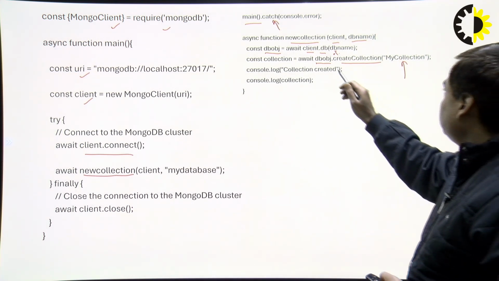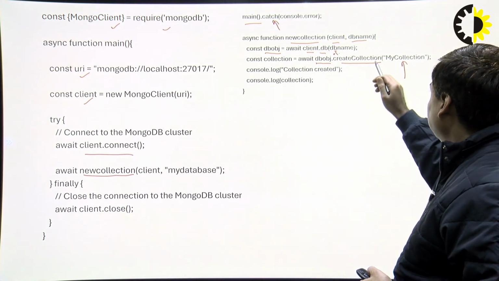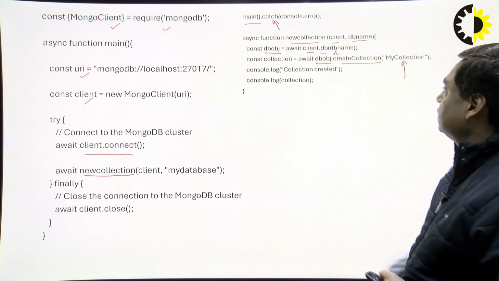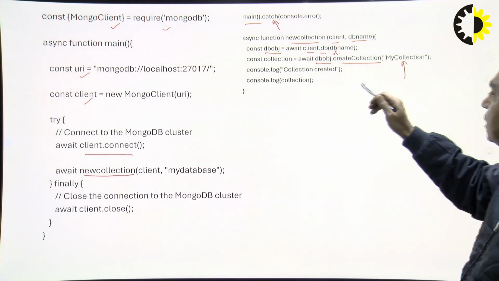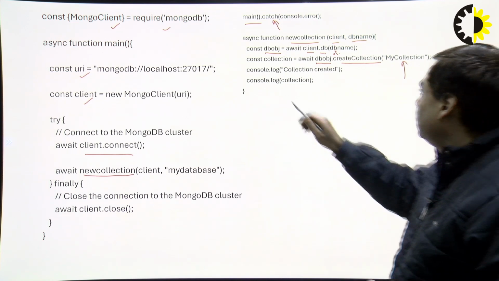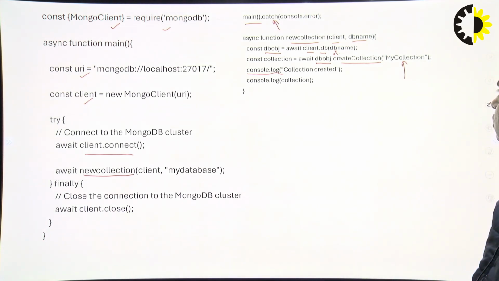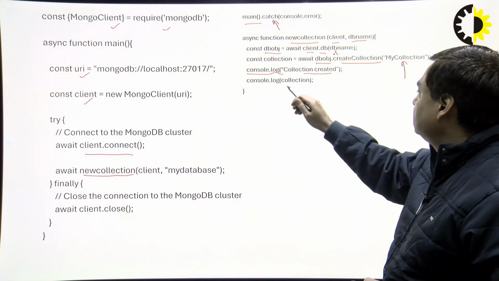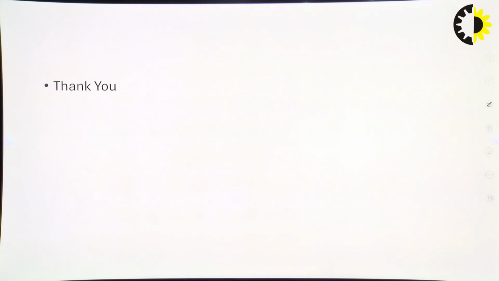With the help of this statement, we have created the collection in a database. Then we are just displaying a message on the console, with console.log, just for the user: collection is created, and we give the name of the collection, my collection.